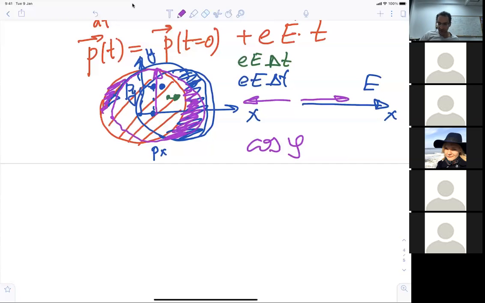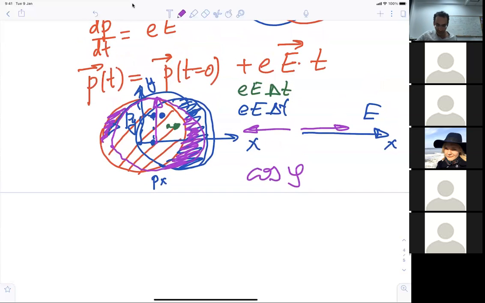So that was the story about the competition between the driving field and impurities. One is pushing the distribution to the right, another is restoring it to the left.